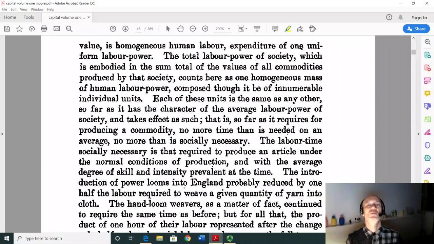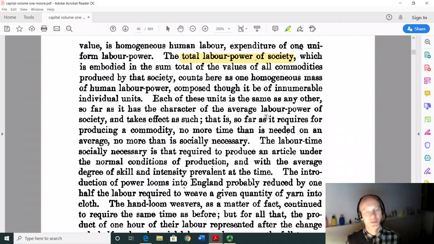So he introduces here the notion that this concept of abstract labor again is basically a sociological concept. It is a societal concept because it is the labor time that on average is needed to produce a particular kind of commodity.